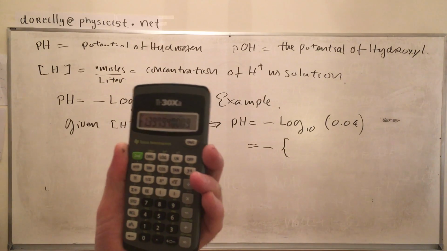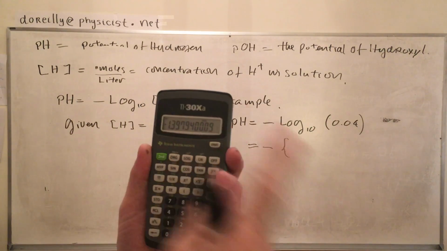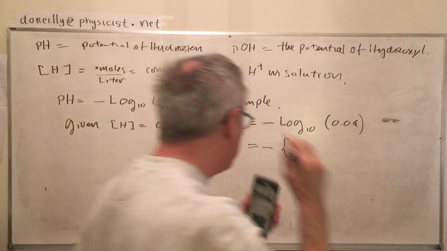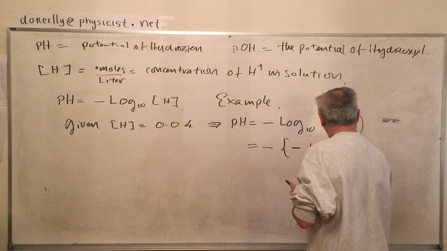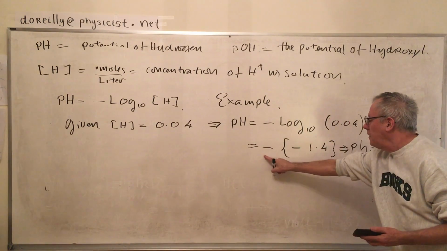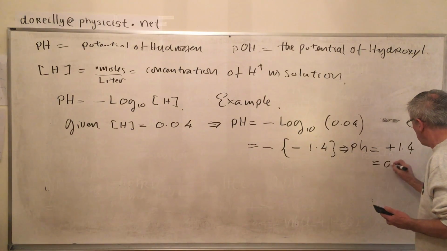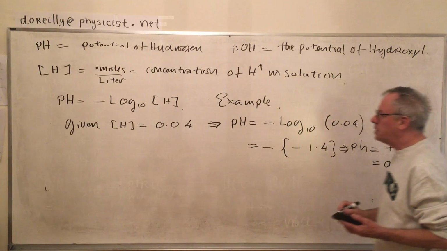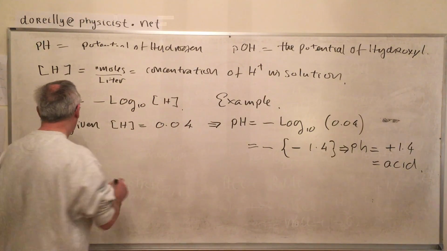What comes up? Negative 0.139 whatever, I'll round it off, 0.14 with a negative sign. Now negative times a negative is a positive. So this stuff is an acid. And they're all like that. There's no difference.